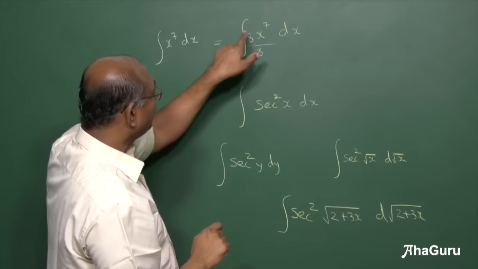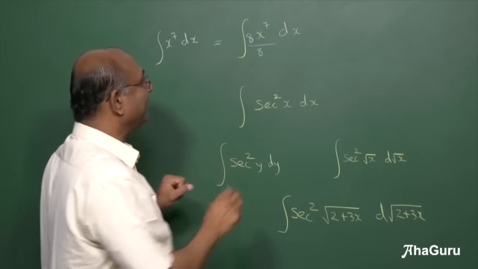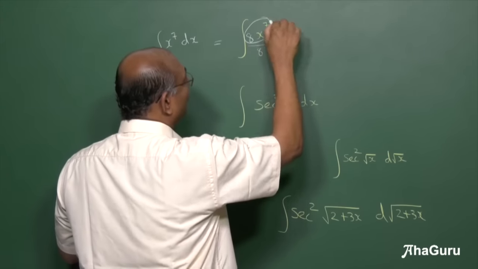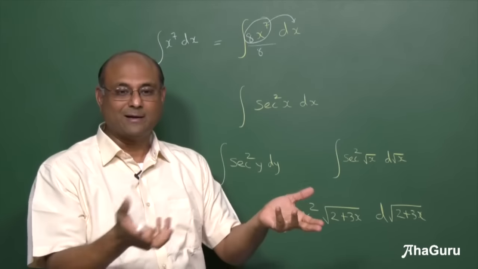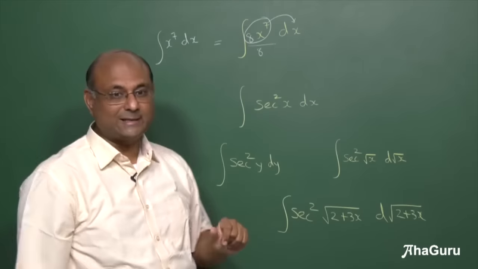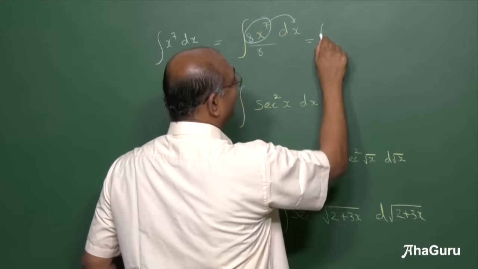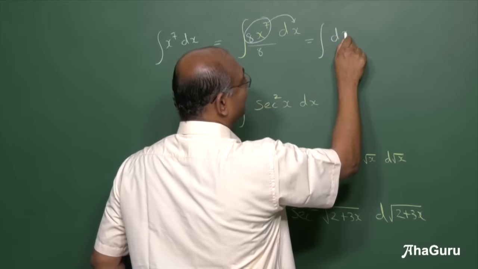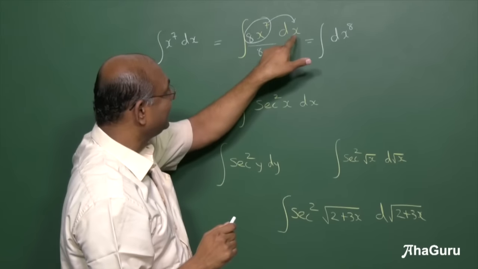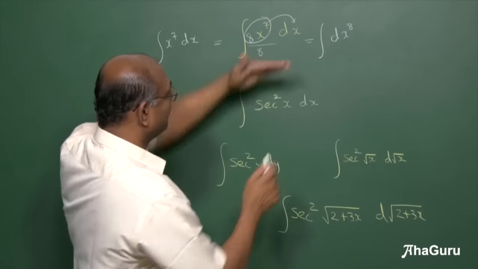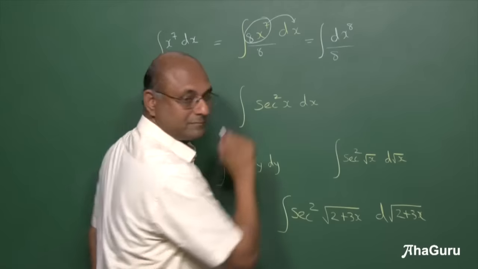I transformed it by multiplying by 8 and dividing by 8. Now if this fellow goes in, don't think it is going to go in as 8x power 7. It will transform and go inside the d. What will it transform as? It will transform as x power 8. So 8x power 7 dx is d of x power 8. The by 8 is of course always there.